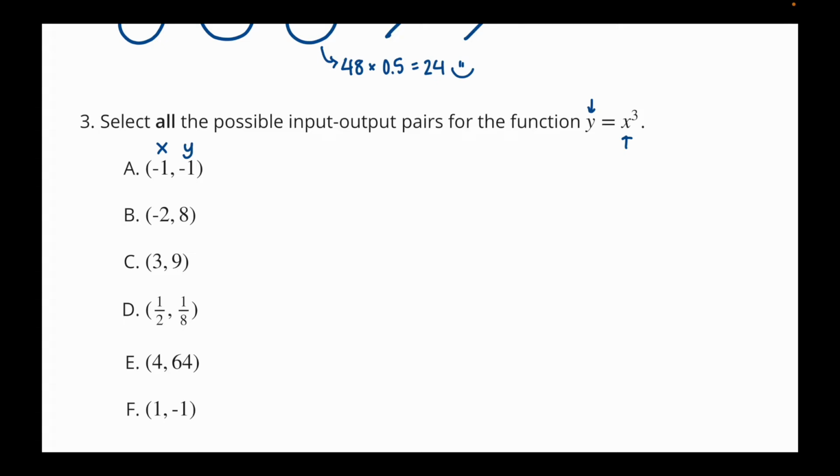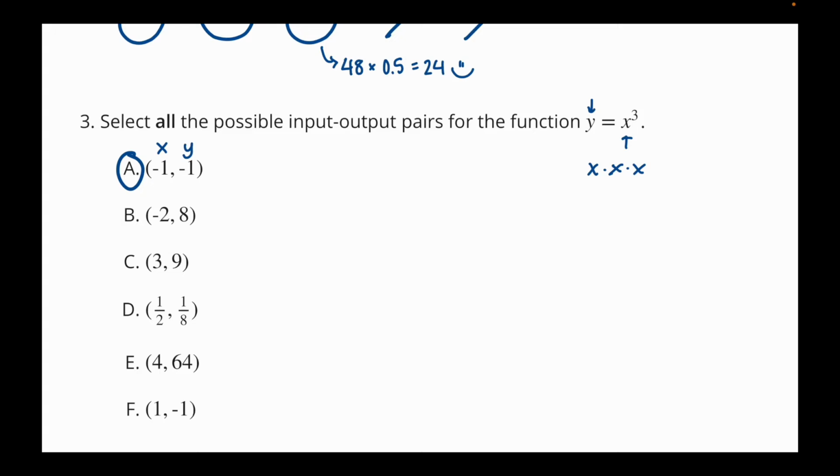It means x times x times x. So that would be -1 times -1 times -1. And in that case, yes, this one is true. -1 times -1 is +1, but then we multiply by -1 again, and we still get -1.